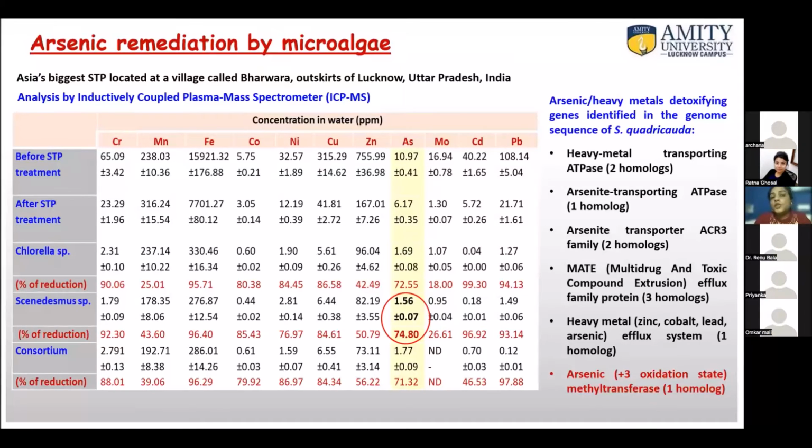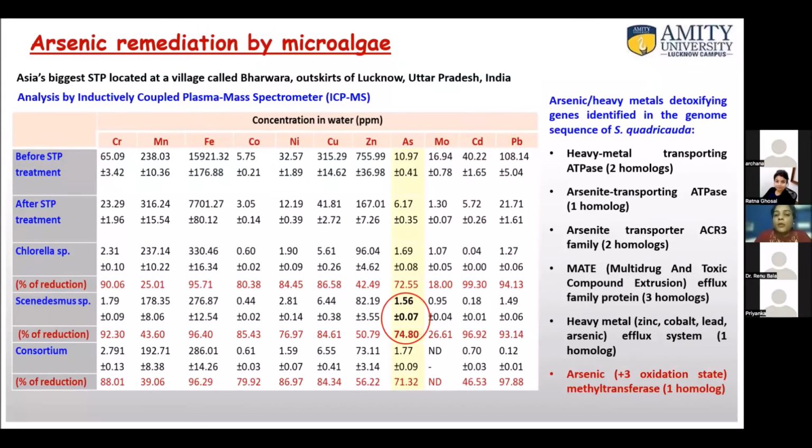Going to the genome sequence of Scenedesmus, we also found some important genes which are responsible for this absorption of arsenic. We have found heavy metal transporting ATPase, arsenic transporting ATPase, arsenite transporter, another family of protein, and also multi-drug and toxic compound extrusion genes, heavy metal efflux system, and most importantly, the gene arsenic methyltransferase.